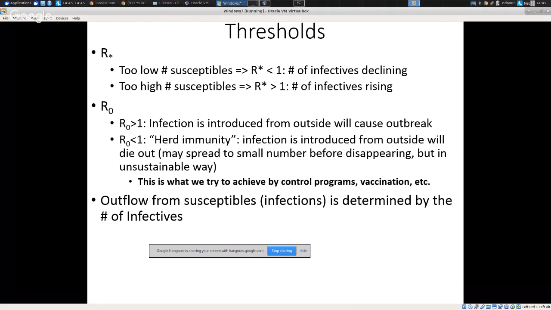Now, what's one way? If we think about your experience with flu or your experience with chickenpox and measles, etc., when you were very young, perhaps, what's one way that we decrease the number of susceptibles in a population? We vaccinate them.